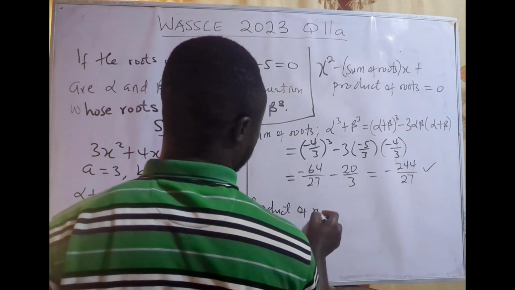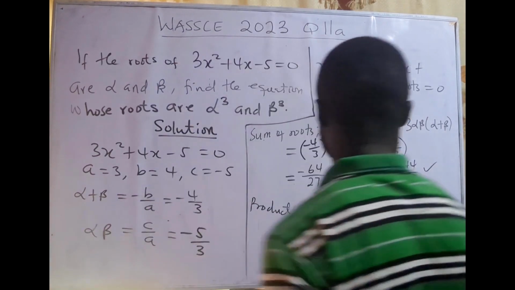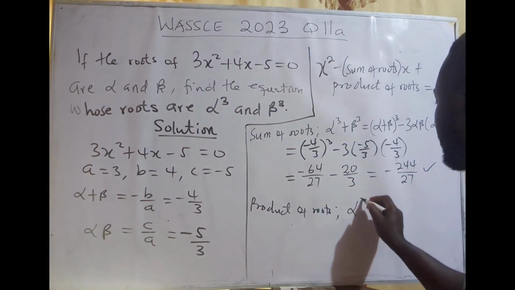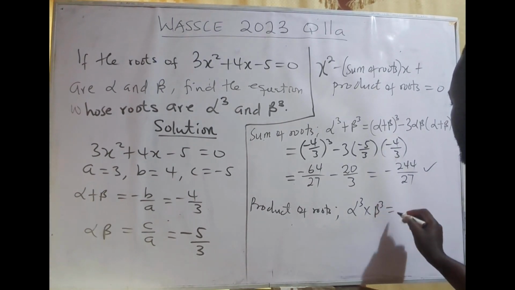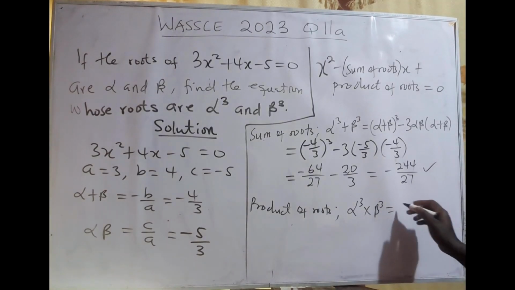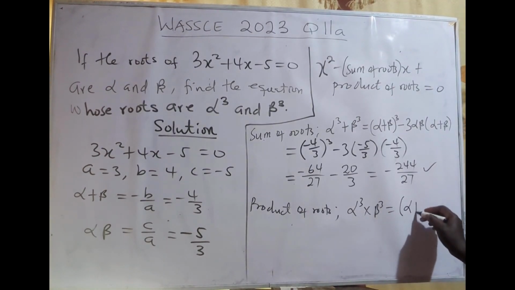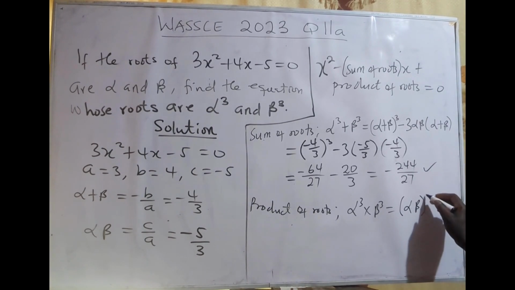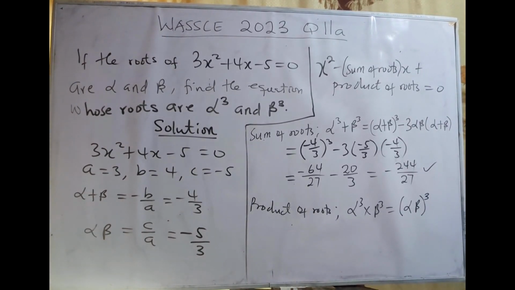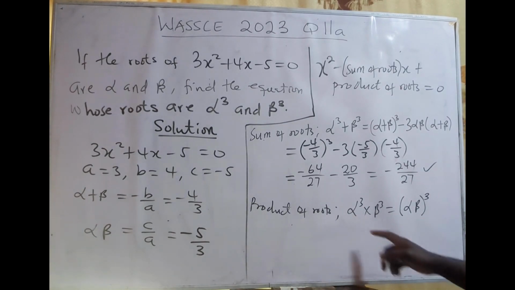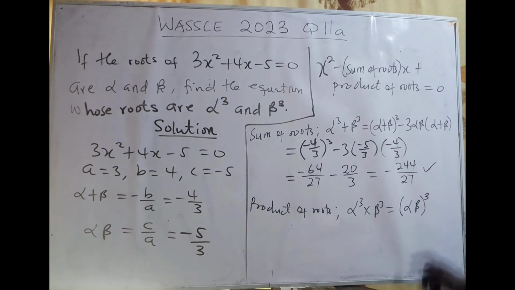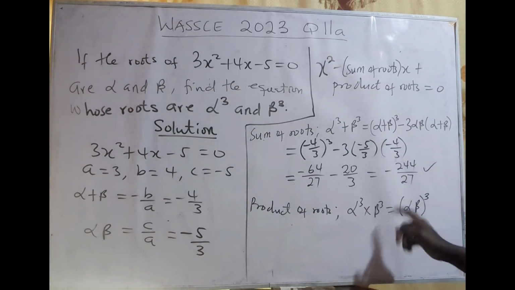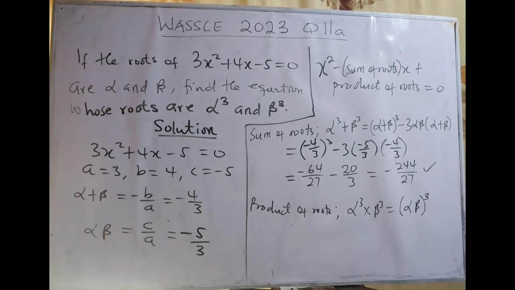Product of roots. That will be alpha cube times beta cube. Alpha cube multiplying beta cube, and this can be written as alpha beta all cubed. So that when you expand the bracket, you get the same thing. Alpha cube multiplying beta cube, or alpha cube beta cube. So alpha beta all cube.